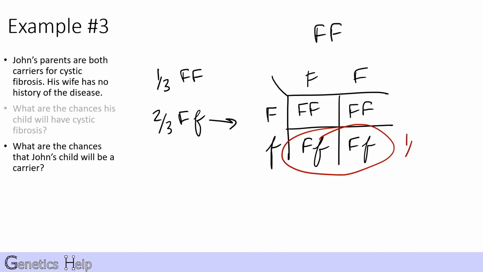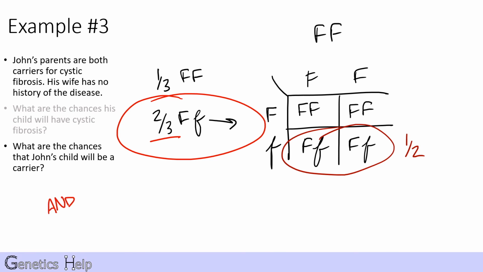So you can see 1/2. Now this is under something very important, and that's with him being a carrier, which is 2/3. So what we're going to do is take a product rule, which is and. So product rule, that's when you multiply two together. If it was or, then we would be summing. That's not important here. We're going to be multiplying.